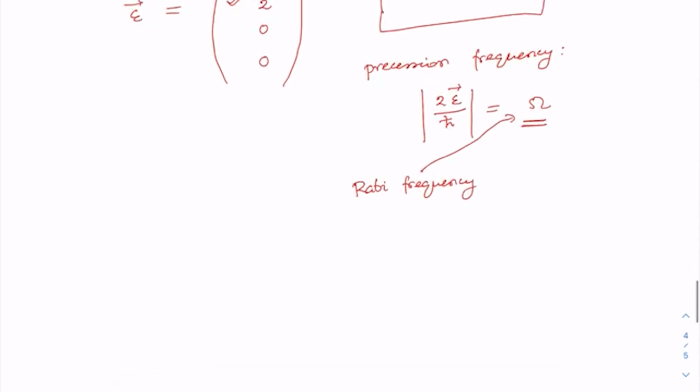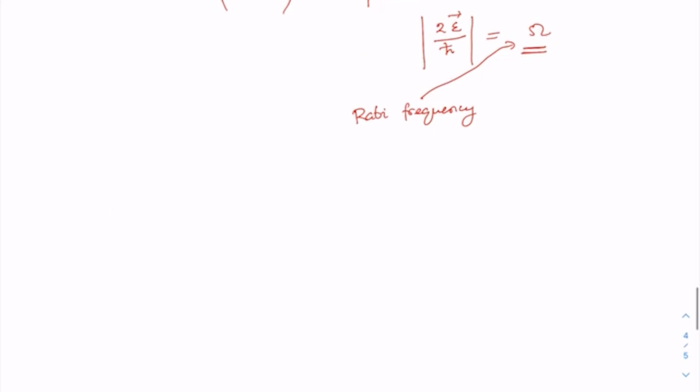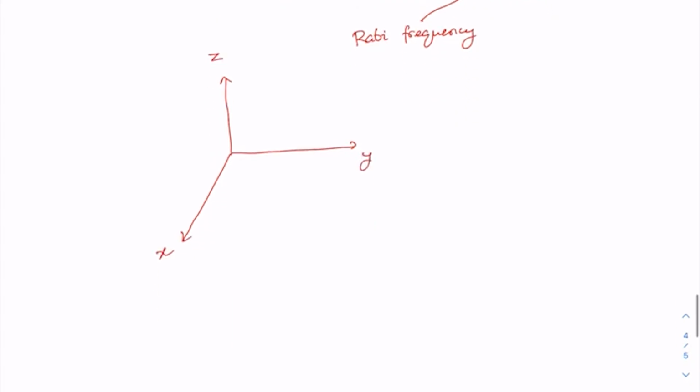In fact, let me explain it in a diagram. First let me draw the coordinates. This is my x, this is my y, and this is my z. As we now know, my epsilon tilde vector is along the x direction, so the Bloch vector is going to precess around this x-axis.